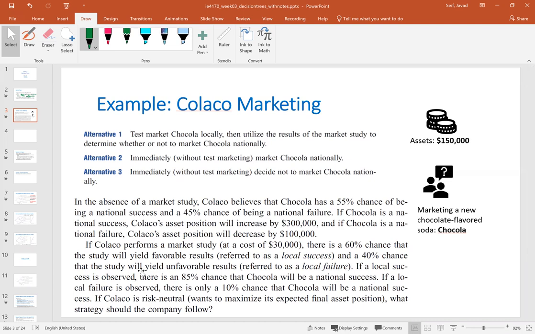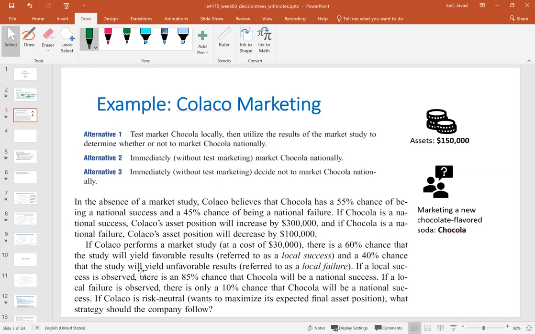So what decisions do they have, what alternatives do they have? That's the first question. In the example I gave in the previous slide, my options were to not buy a car, buy a Chevy, or buy a Tesla, right? Here, the alternatives are: alternative one, test market Chocola locally, then utilize the results of the market study to determine whether or not to market Chocola nationally.